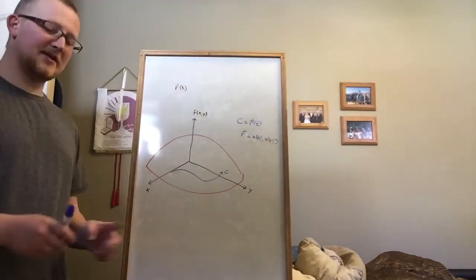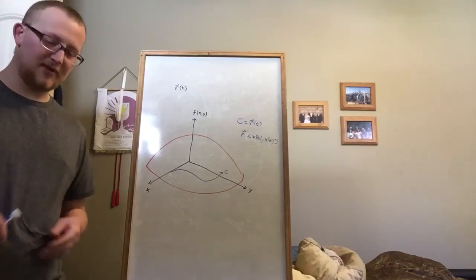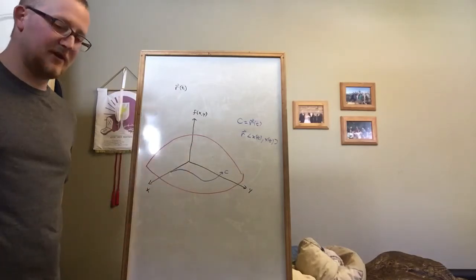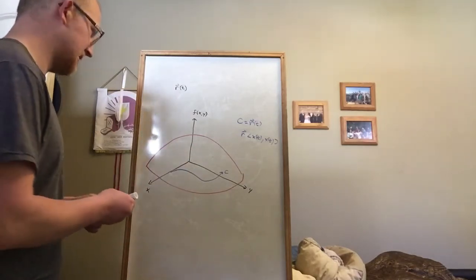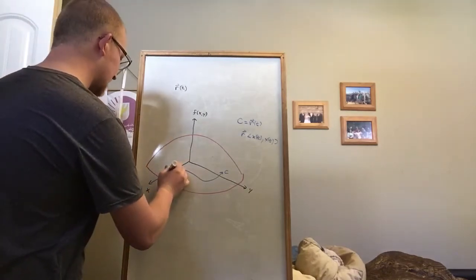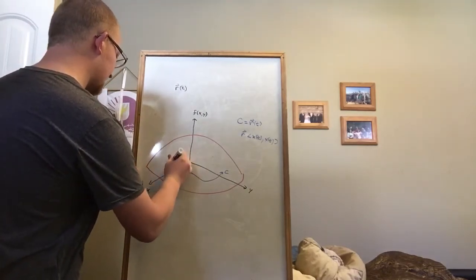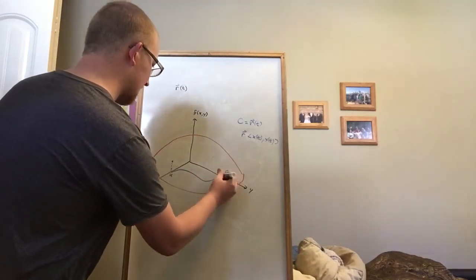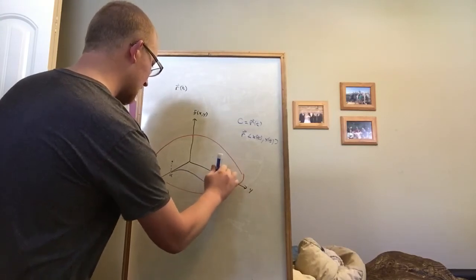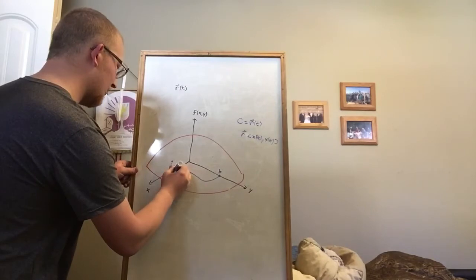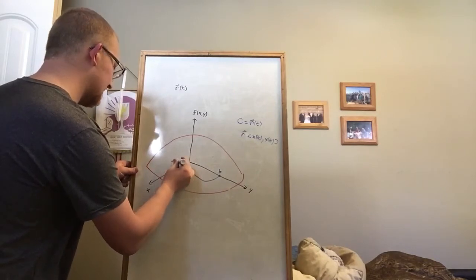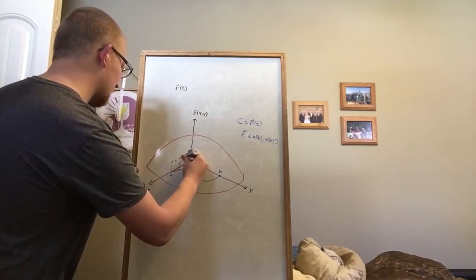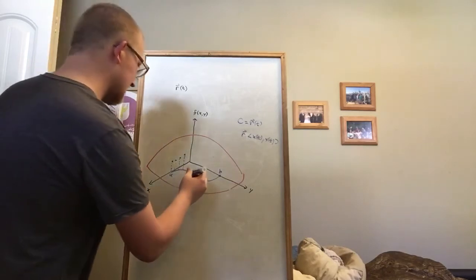Okay, now the idea here is, could we find the area between the curve and the scalar values for each point on the curve? To do that, conceptually, we'll start at point A and we'll go to, let's say this is point B. We're going to look for every point along the curve, and find some height associated with that ordered pair, some scalar value associated with that ordered pair.